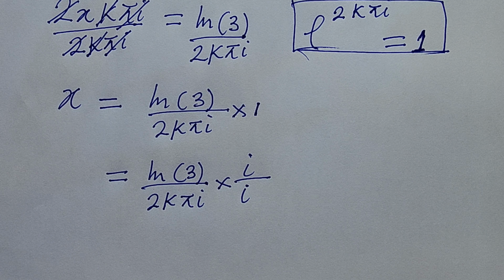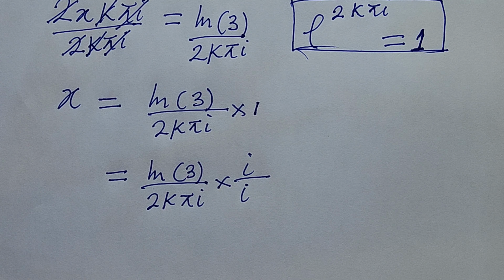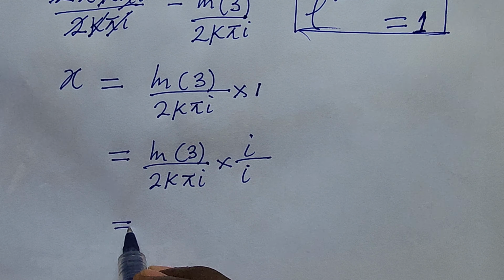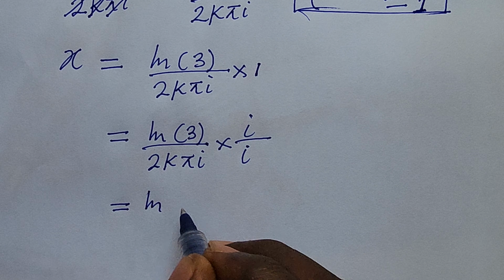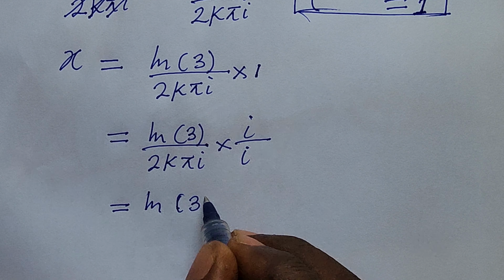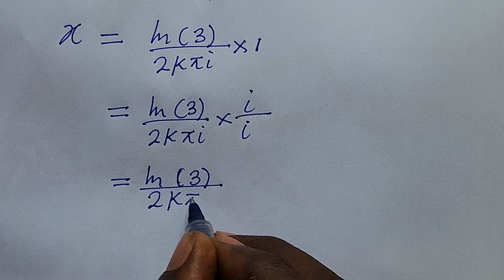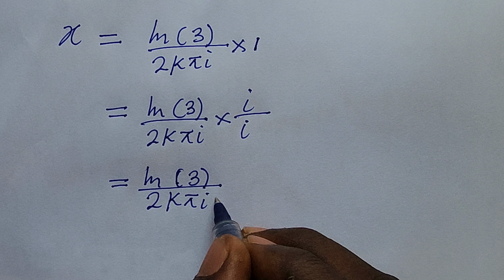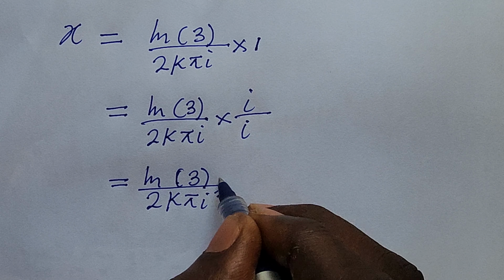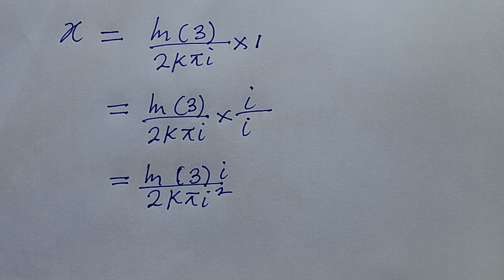We all know that, right? Good. So what is i to the power of 2? First of all, let's write this out. This will now give us ln of 3 all over 2k pi i squared. And meanwhile, we have our i here also.